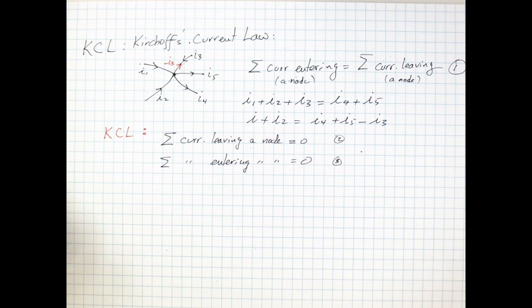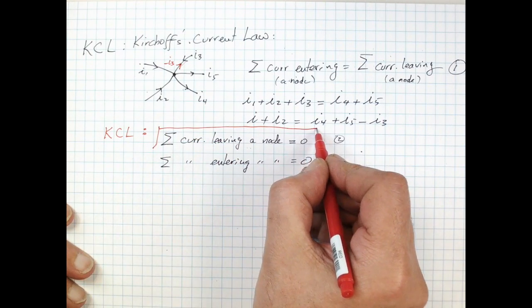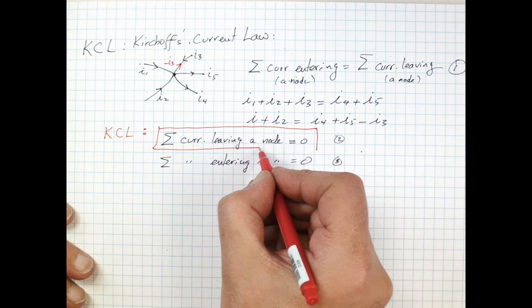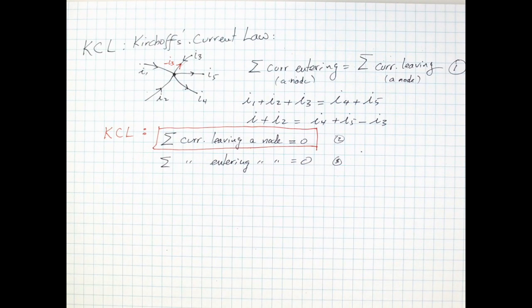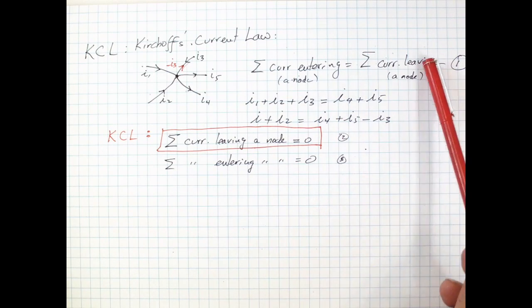In this course, we are going to standardize our KCL using one form. Whenever we state KCL, by convention, we're going to say the sum of the currents leaving a node is equal to 0. Again, notice that there are three equivalent ways of stating it.